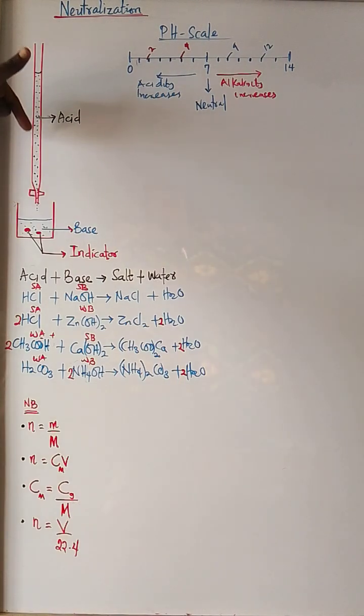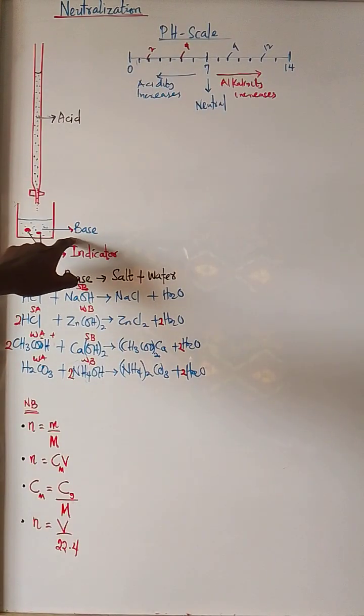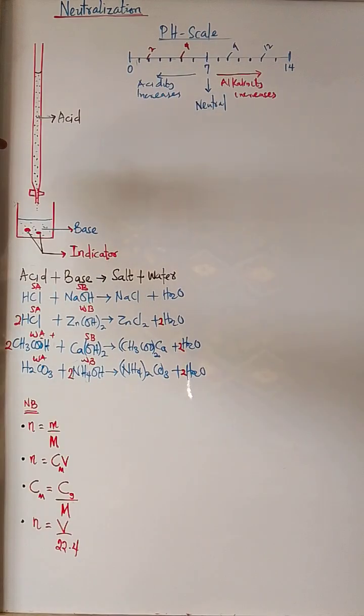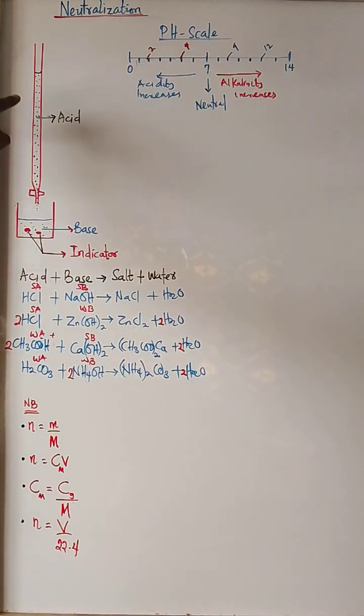But as we add acid to the solution, what happens? The pH value will be decreasing. Why? Because a base has high pH. So the color of the indicator in basic medium will be different from in acidic medium. In basic medium, it will show a certain color. And as we are adding acid, a point will be reached whereby there will be a sharp change.